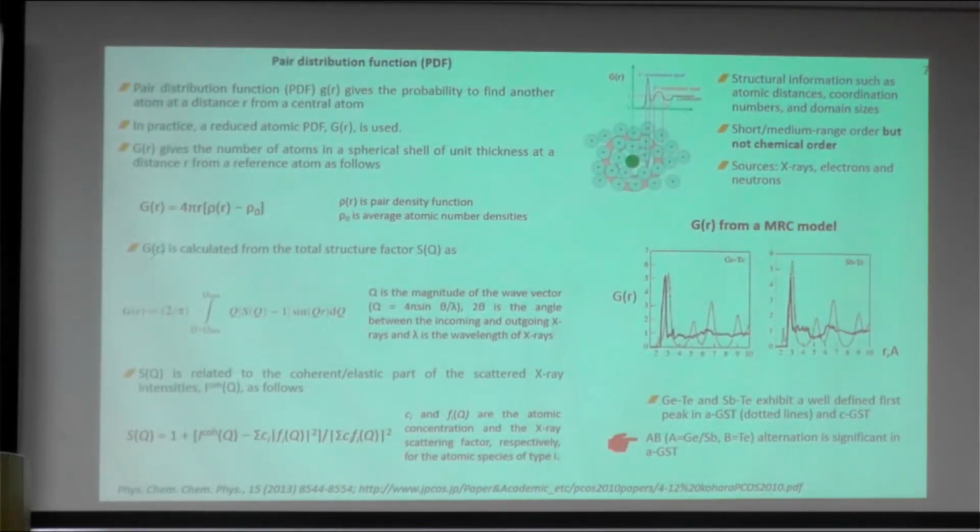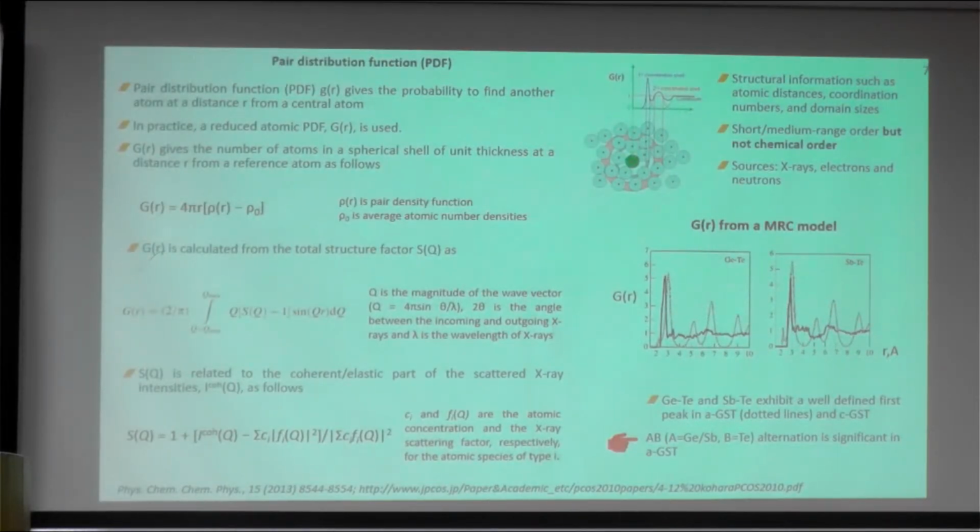Now also one method to study the structure of amorphous solids is the so-called pair distribution function. This function gives you the probability to find another atom at a distance r from the center of an atom. This is also based on the diffraction method.